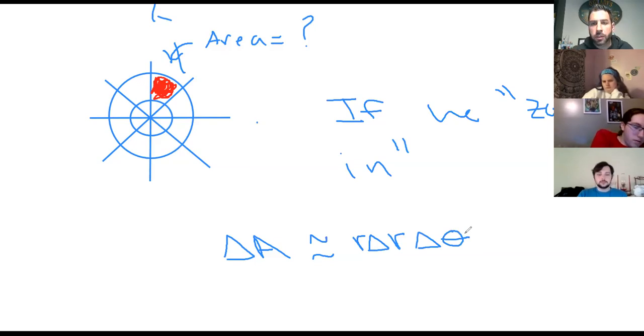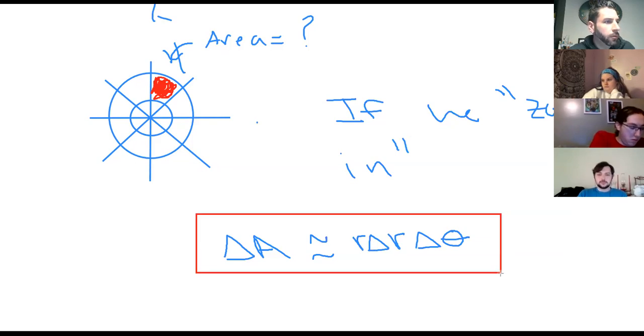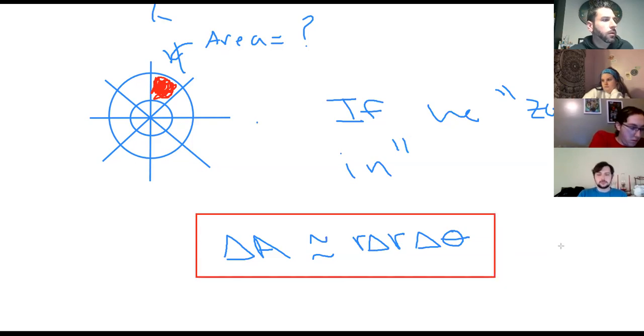I'm going to explain this in detail, but the most important thing you can do, honestly, is go home and draw and think about this. This equation at the bottom, it's not really an equation, it's an idea that the area of a rectangle is approximately the area of a rectangle times some factor of r.